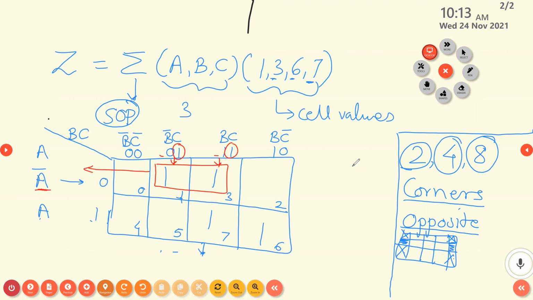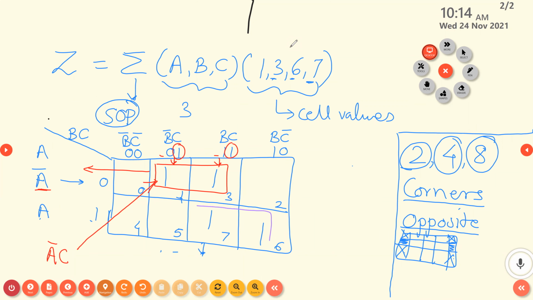So what will be the expression for this pair? A bar C. Got it? Yes or no? Everyone? Online student? Yes, ma'am.